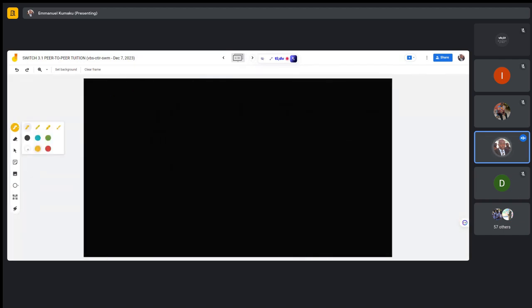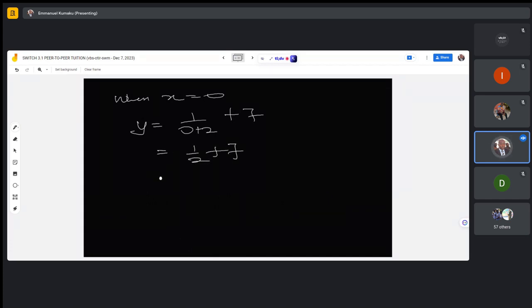When x is equal to 0, we are going to have y equal 1 over 0 plus 2, plus the 7. So that will be 1 over 2 plus 7, which is 7.5. So the coordinate becomes (0, 7.5).